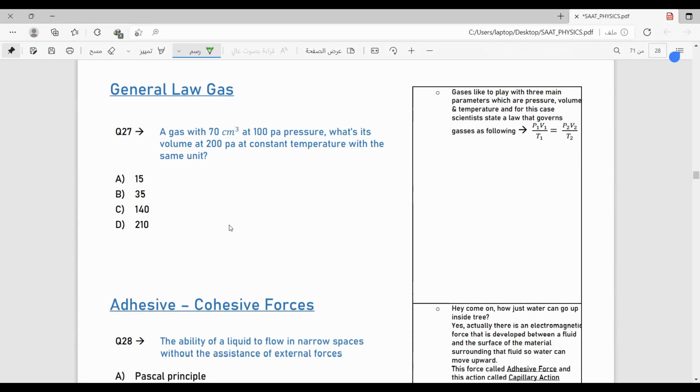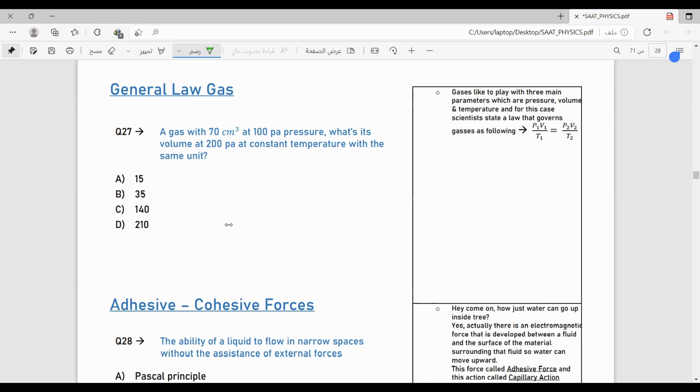This is B. The general law of the gas, let me just make a brief explanation here. You see, now we have 2 terms here, left and right, and this contains P, the pressure, V, the volume, and T, the temperature.